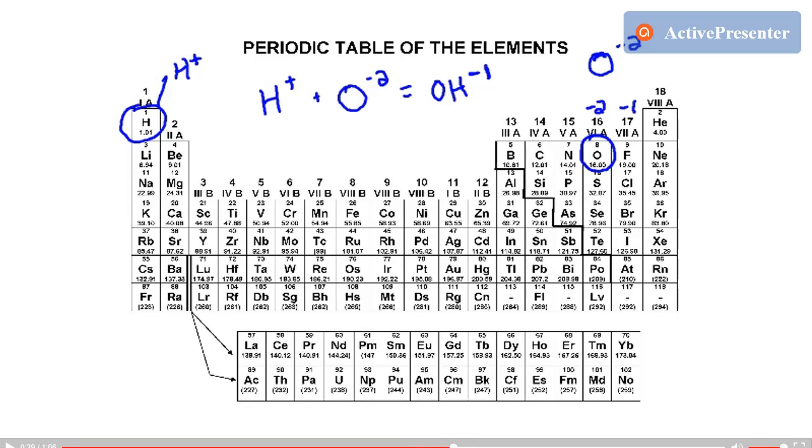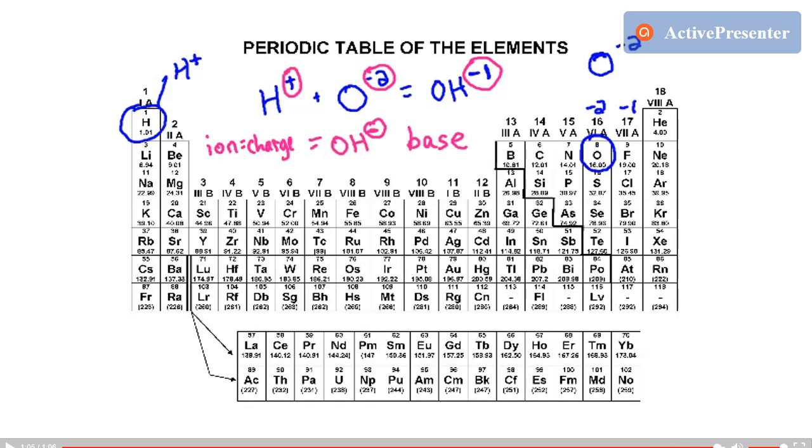That's because the +1 and the -2 equal a -1. So that's going to equal hydroxide, which is an ion. And remember, ion means it has a charge to it. So here's the negative charge, and this is going to be a base, hydroxide.